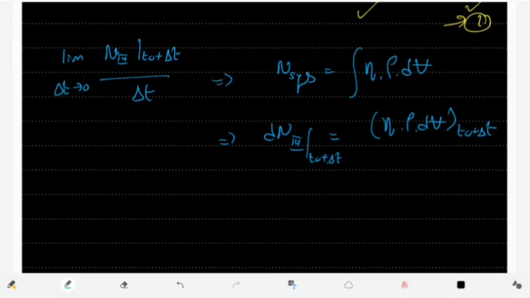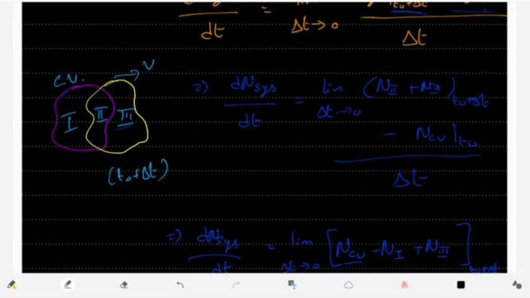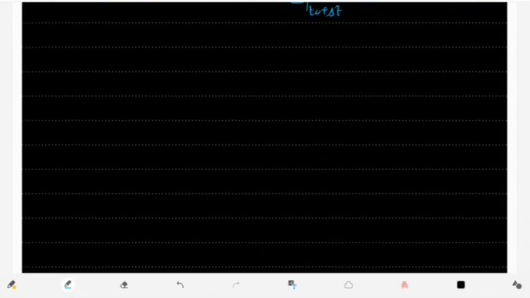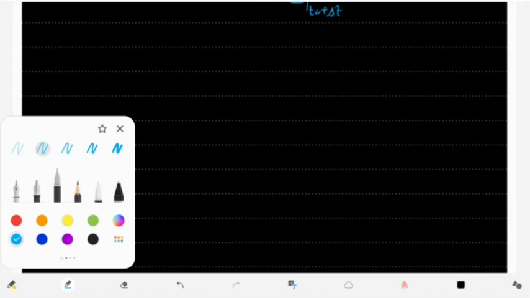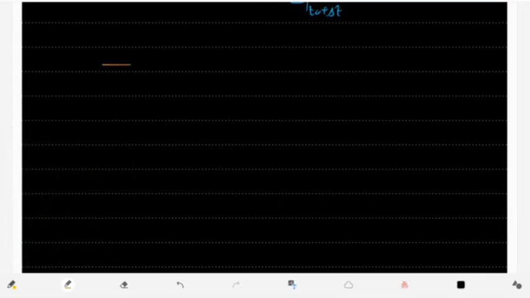Now if we consider this system 3, I will draw this interface 3 over here. This is an interface and it has an area dA bar and it's moving with a velocity v bar, the system 3.